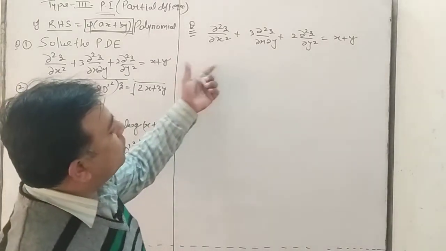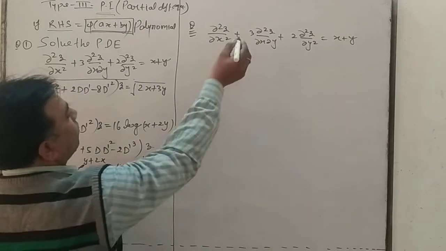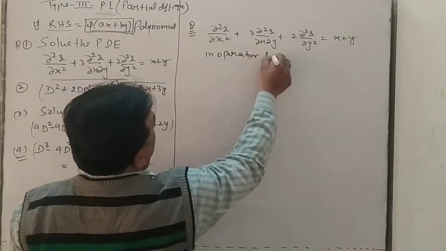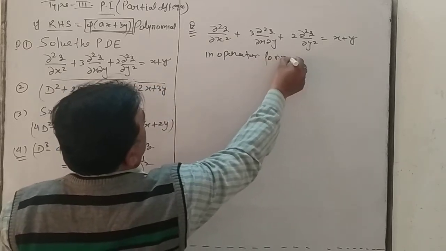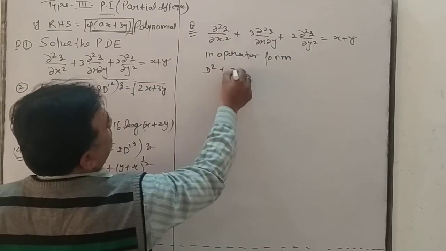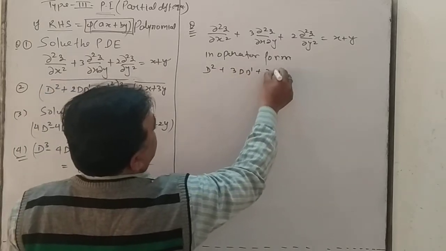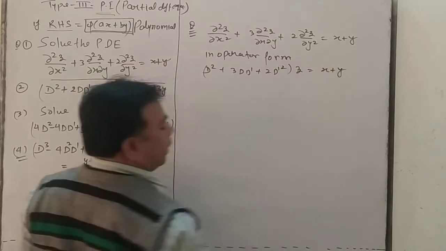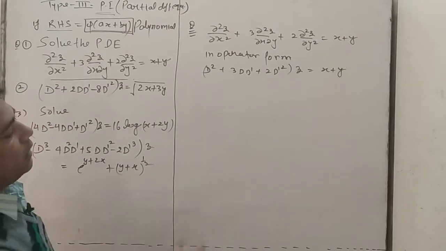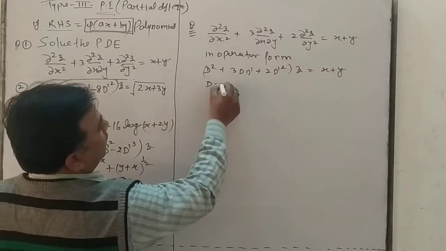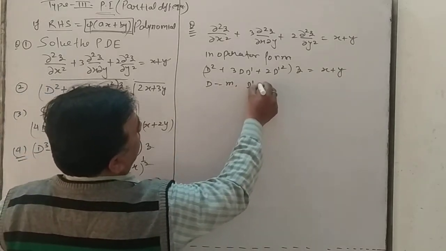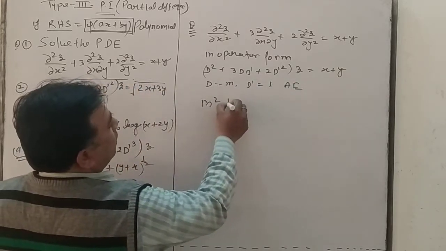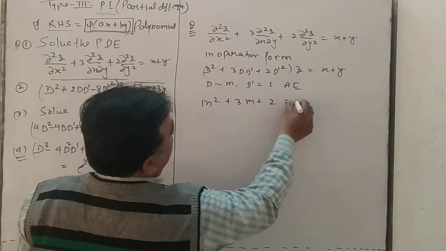First we write this partial differential equation in operator form: D square plus 3DD dash plus 2D dash square acting on z equals x plus y. After that you find the auxiliary equation by putting D equal to m and D dash equal to 1, then the auxiliary equation is m square plus 3m plus 2 equals 0.